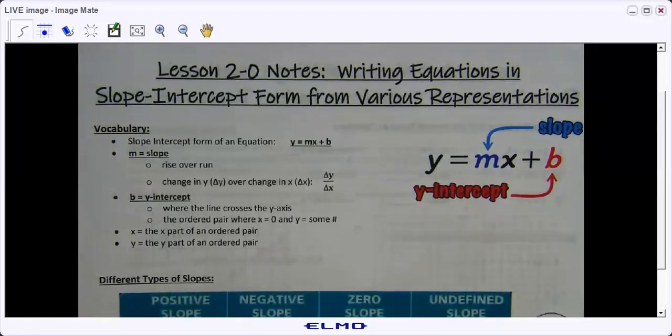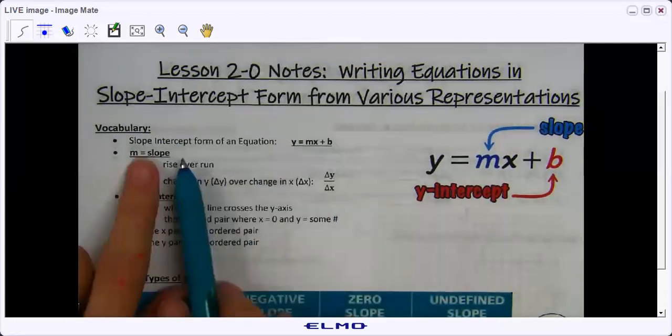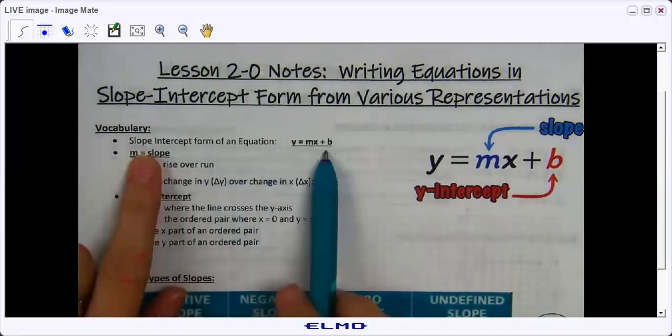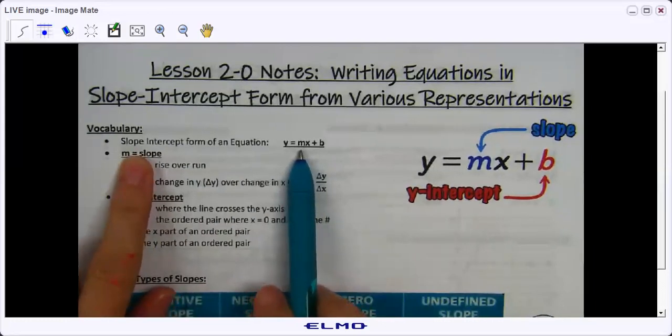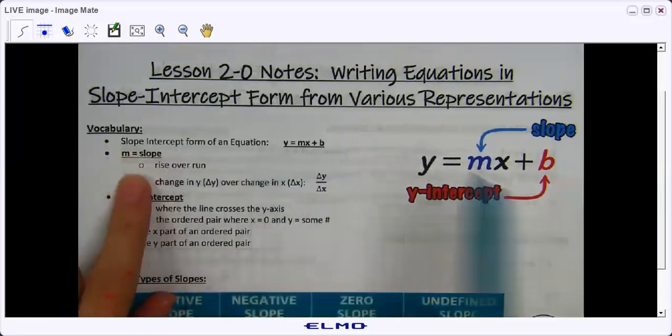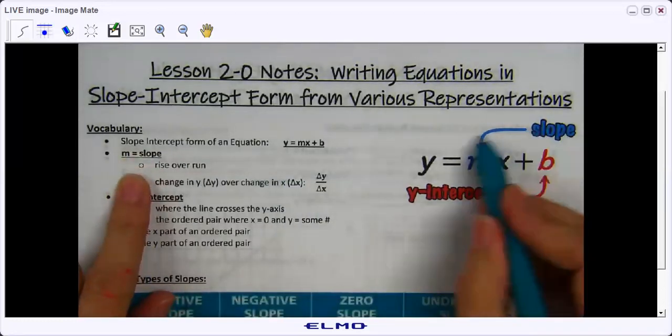You need to have this memorized, and you need to know what each variable means within that equation. So the slope-intercept form of an equation is y equals mx plus b, and I know you know that. I know you've heard this before. Within this equation, the m here represents the slope.